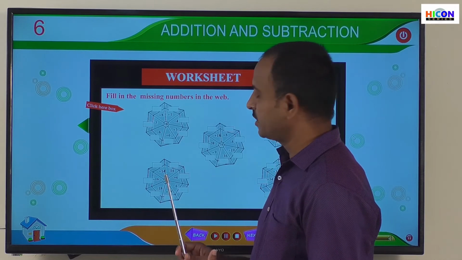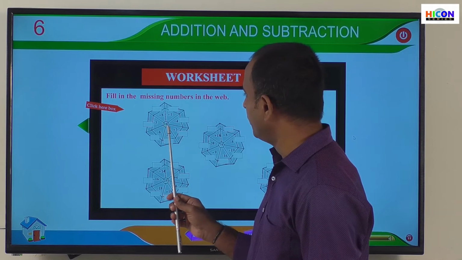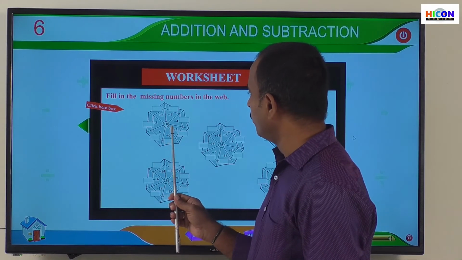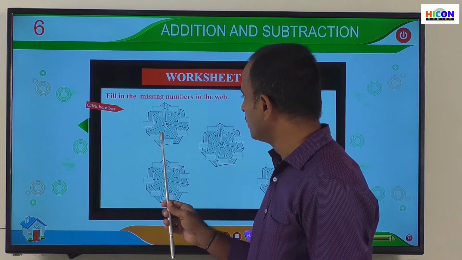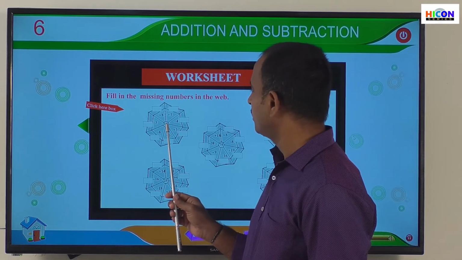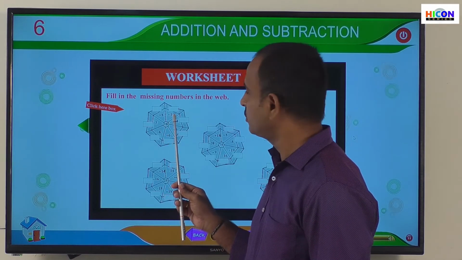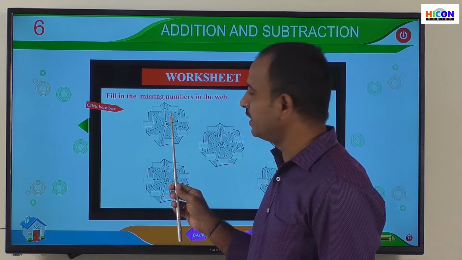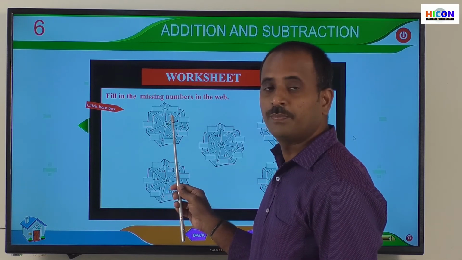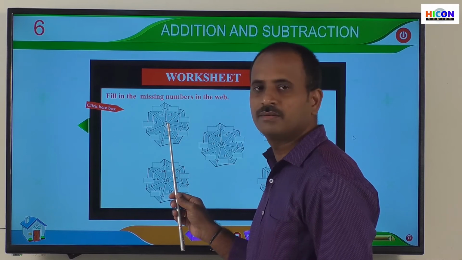Children, first understand the web. Here the middle number is 10, and around 10 they have given some numbers. We can start from this number, which is plus 1. Plus means addition, so we have to add 1 to 10.